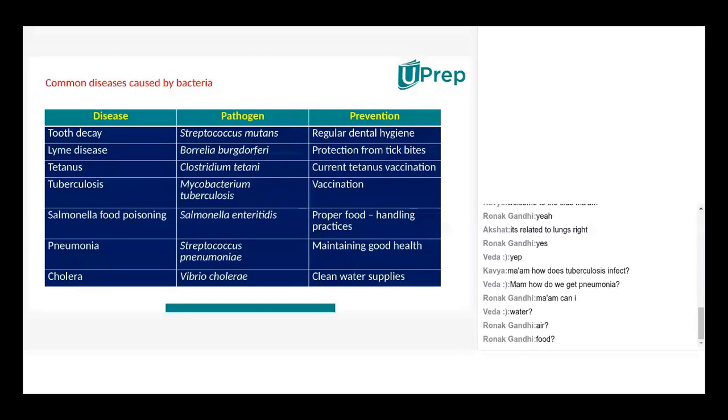Air, I'm not sure, Ronak, about pneumonia. So are we discussing pneumonia? Just a moment. First, let me explain the tuberculosis which Kavya had asked. Then I'll come to pneumonia. Okay, is that okay? Otherwise, both of you get confused. First tuberculosis I'll explain, then I'll come to pneumonia.